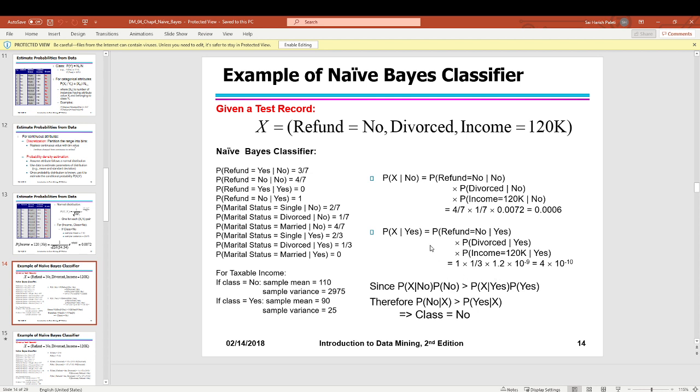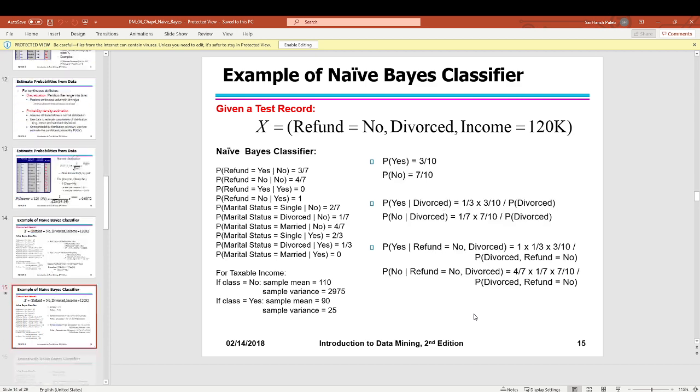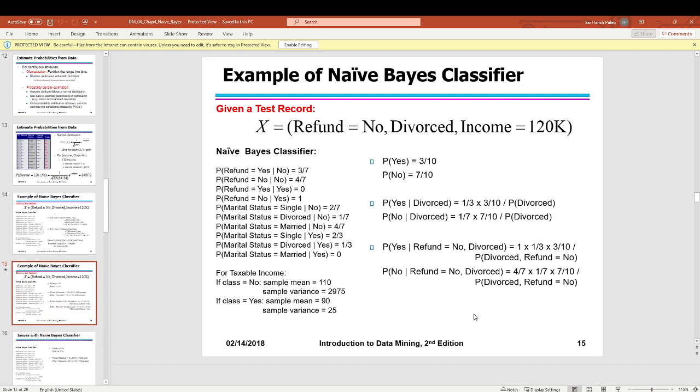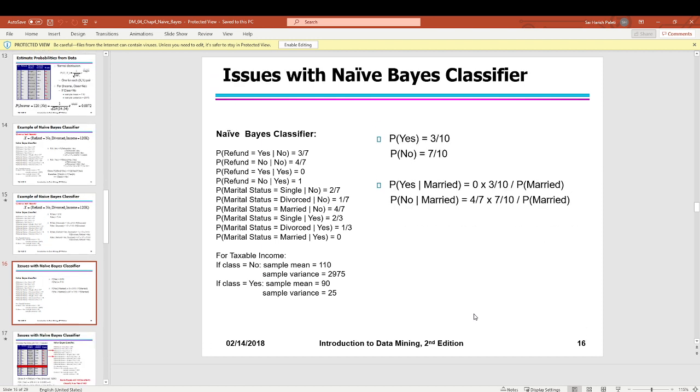So we will classify the given input x as belonging to class no, as it has a higher probability than class yes. And here is the complete example for the problem, which you can refer to.